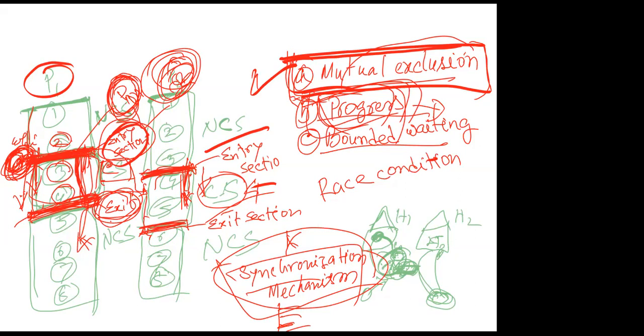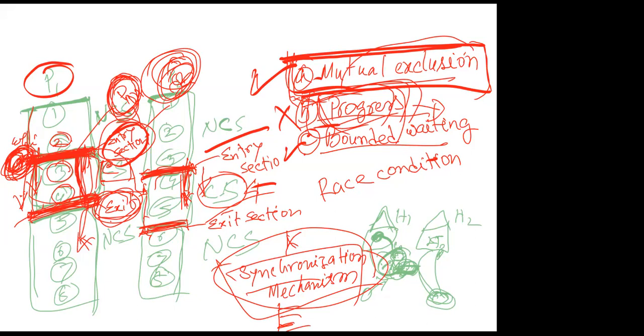Then we learned how we can evaluate a synchronization mechanism. There are three criteria: mutual exclusion, progress, and bounded waiting. If a mechanism fulfills mutual exclusion and bounded waiting but not progress, then it is not a good synchronization mechanism.